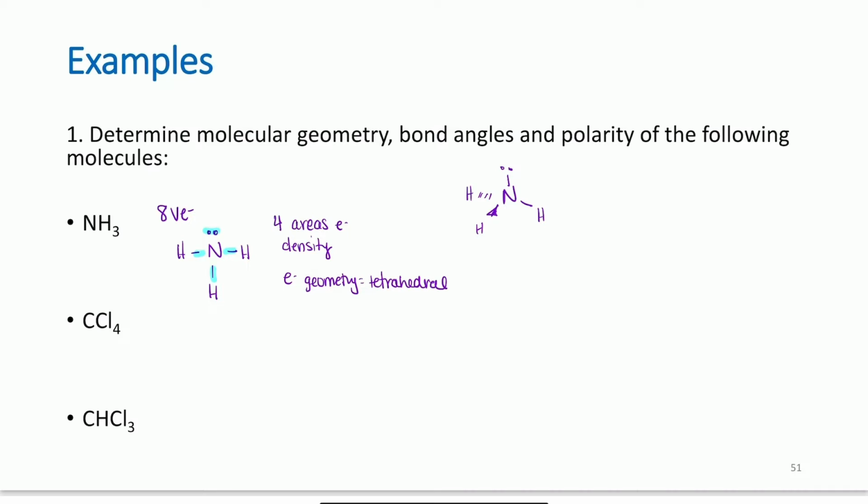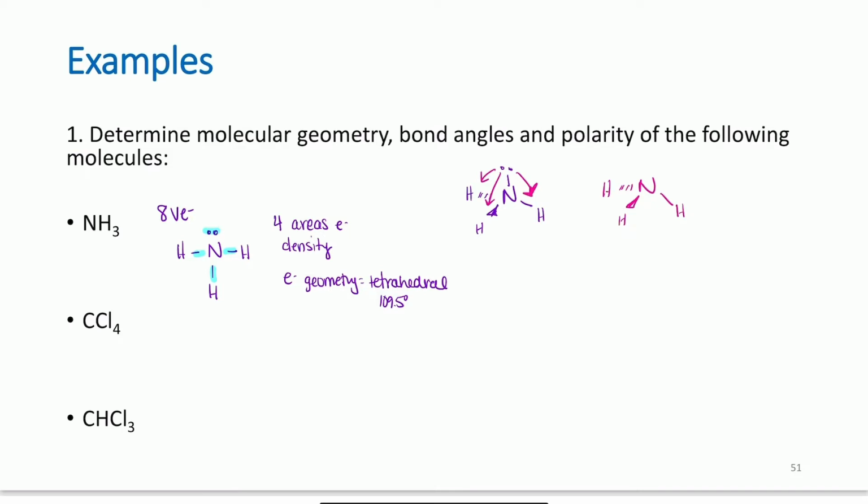Now I look at this and I say, okay, that lone pair is going to affect the bonds. I also know tetrahedral has bond angles of 109.5, but that lone pair is going to push on these bonds, making them closer together. So what I'm actually going to have is nitrogen here. You can leave the lone pairs on the nitrogen if you want. I don't care, but most people draw it like this.